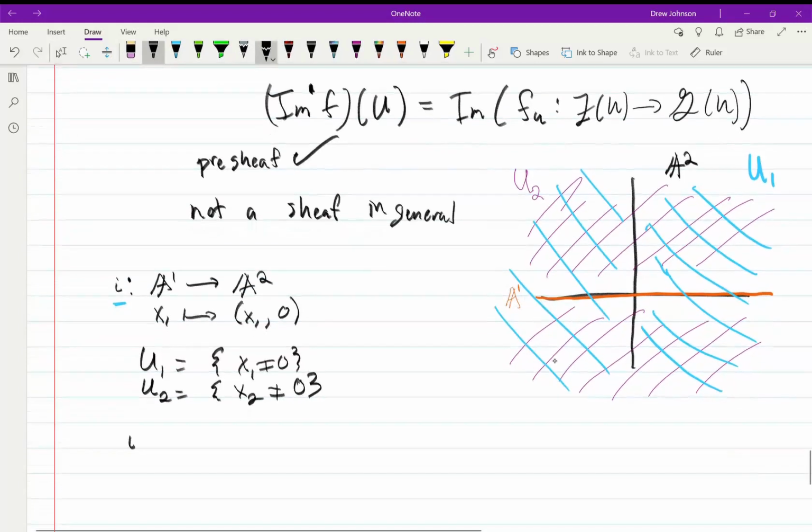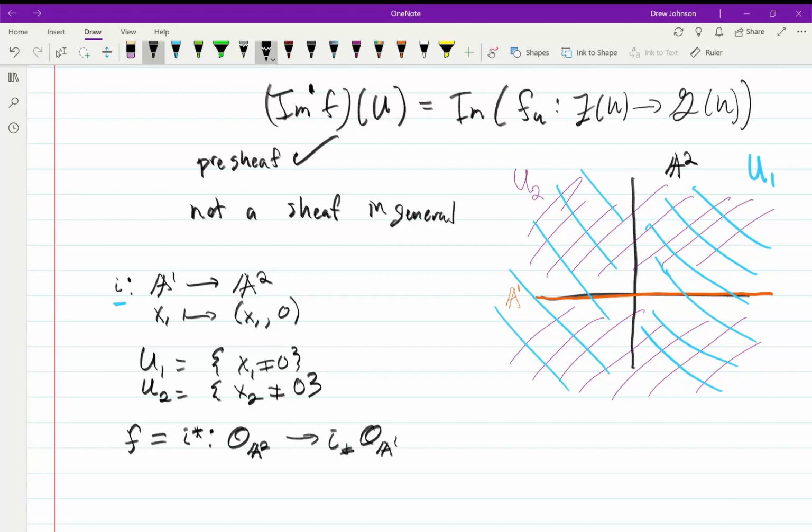Let's look at the map F, which is going to be defined to be just the pullback map from O_A2 to the pushforward of O_A1.